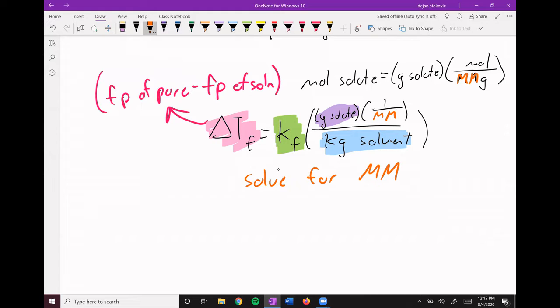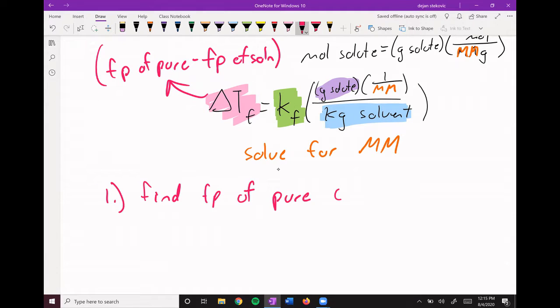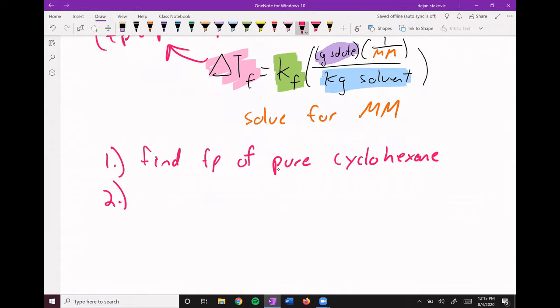So to do this, we're going to do this in kind of 3 steps. The first step that we're going to do is find the freezing point of our pure solvent. In this case, it's cyclohexane. Right, we're going to find the freezing point there. Second thing we're going to do is we're going to add some solute and then find the new freezing point.